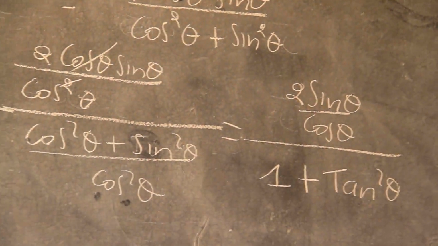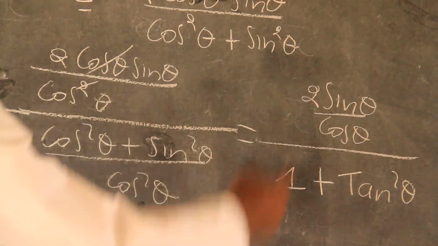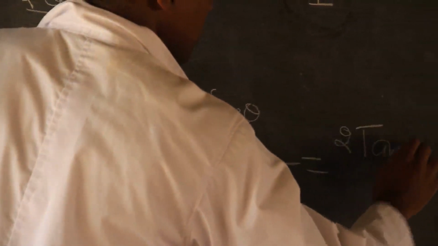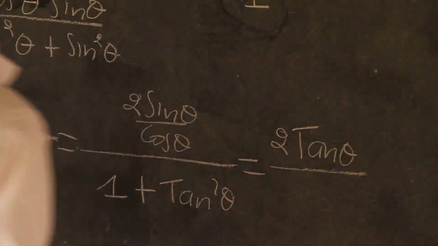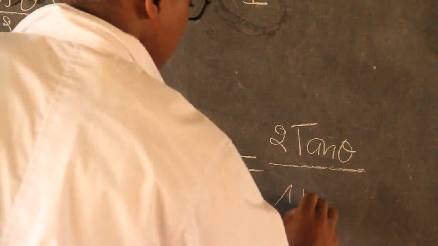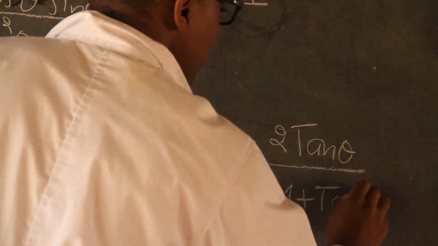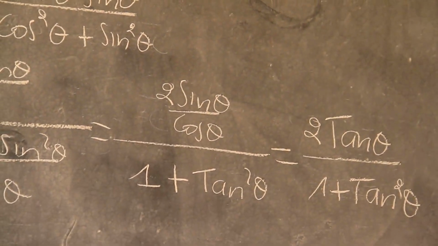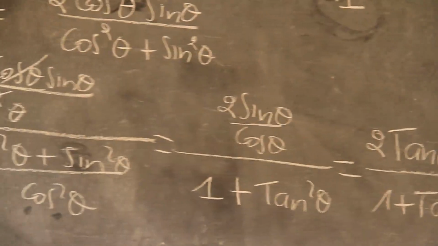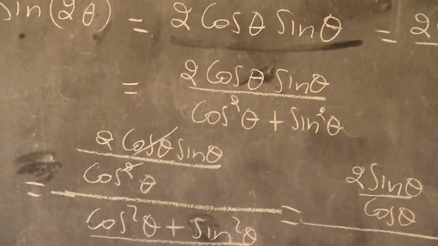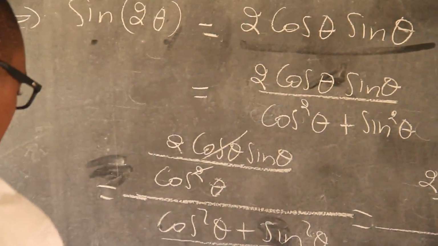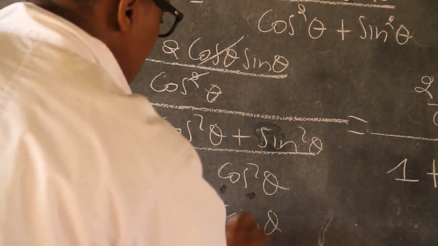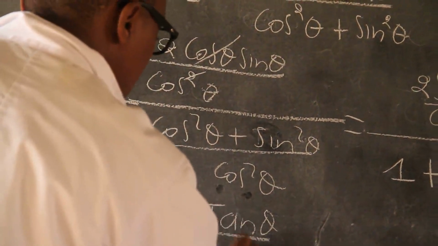So sine over cos is tan. Going to 2 tan over 1 plus tan square. So this was sine 2 angle.